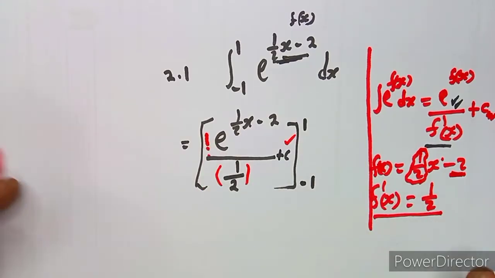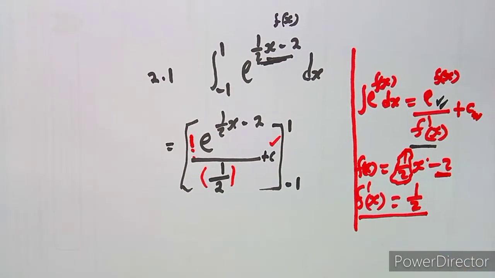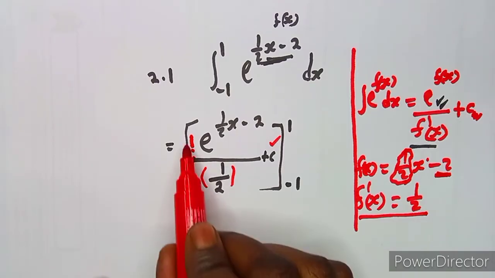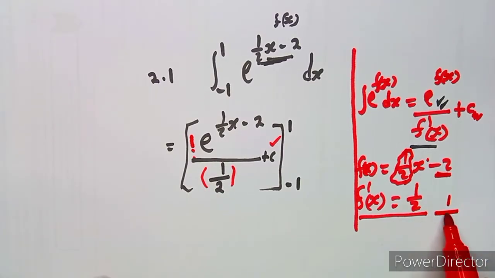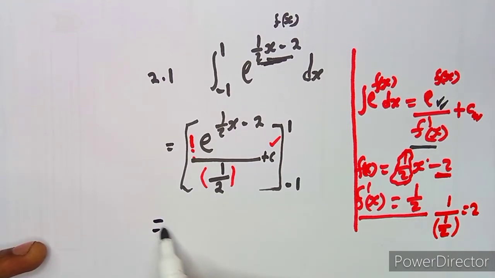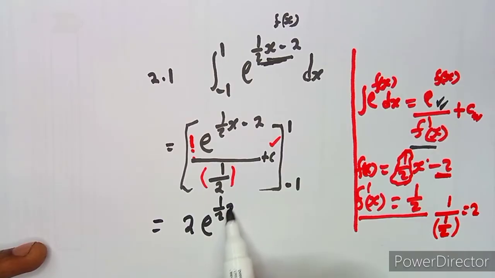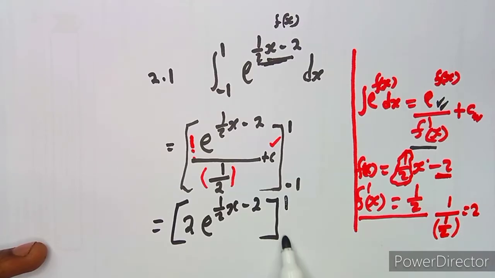So you can actually simplify that. So what do I mean? This part here is simply 1 over 1 over 2, which is going to give us 2. So that means someone can rewrite this as 2e to the exponent of half x minus 2, with the limits 1 and minus 1.